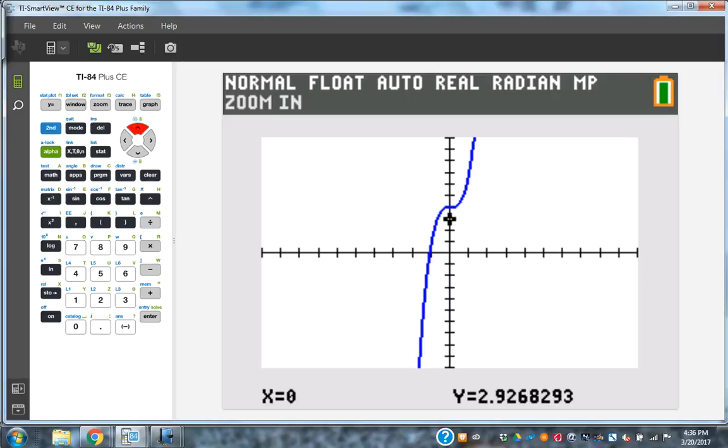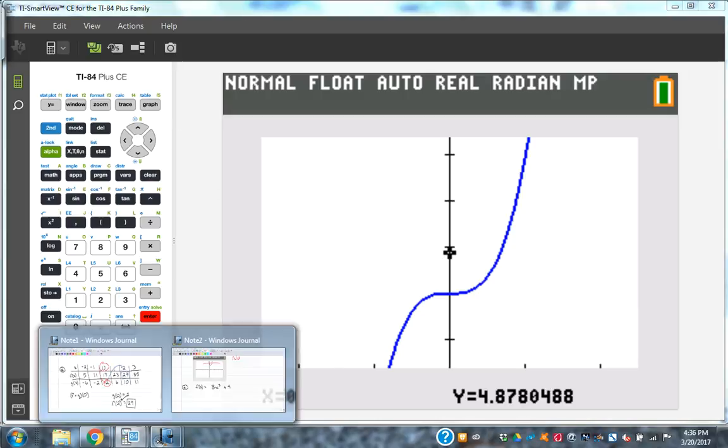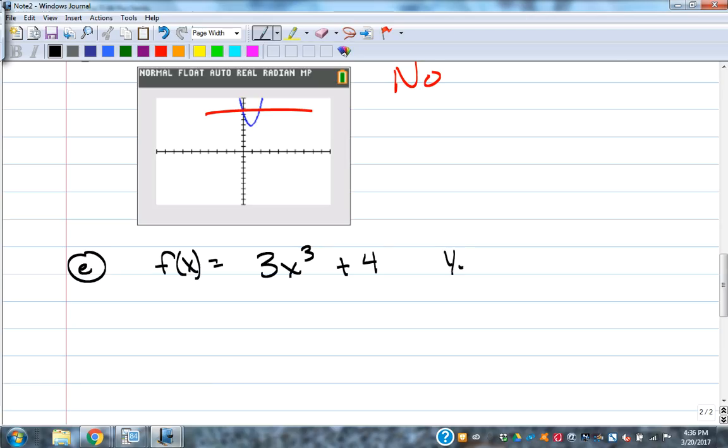I think you'll see, yeah, it's close enough. It gets there eventually. All right. It's not perfectly flat. There's still a little bit of a flat spot in the middle, but if I zoomed in even further than that, it's still not perfectly flat. So this would pass the horizontal line test and be a one-to-one function.